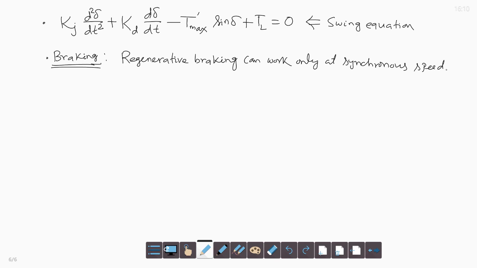Then in that case, to reduce the speed or to stop the motor, dynamic braking is done.